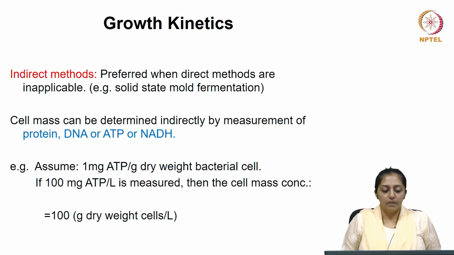For example, if you see the example on the slide, 1 milligram ATP per gram dry weight. Let us assume this is the amount of ATP present per gram dry weight of the cell. Then if 100 mg of ATP per liter is measured at any time, then the corresponding cell mass concentration would be 100 grams dry weight per liter.